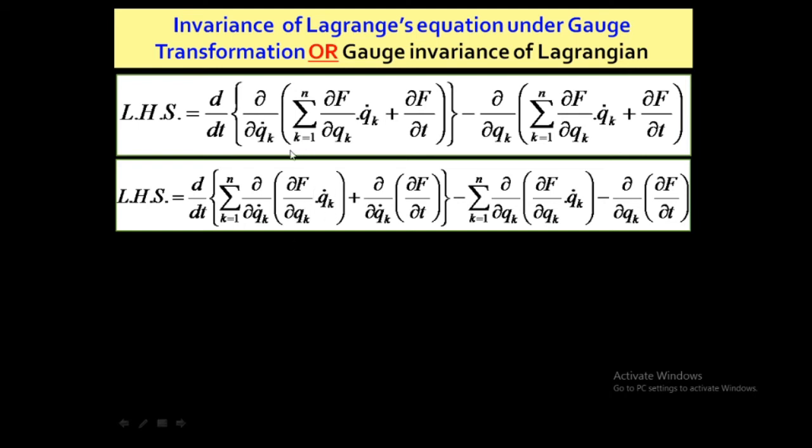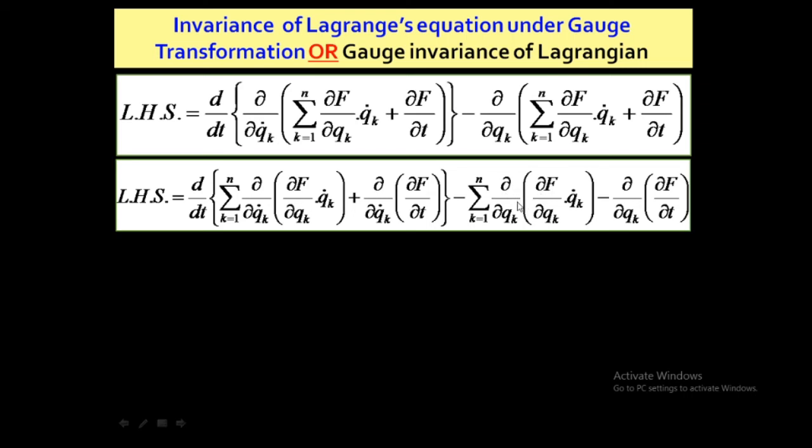We have to use the product rule here. Similarly here also, this is the derivative del by del qk, this is the first function and this is the second function, so I can use the product rule of the derivative on them. Del f by del qk is the first function, qk dot is the second function, and this is the derivative.